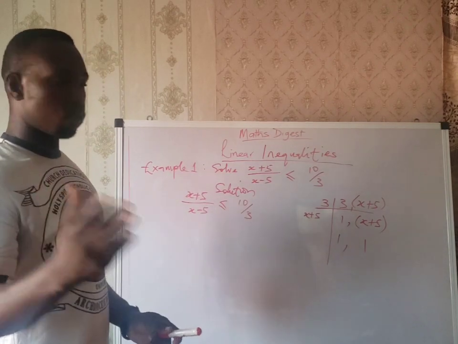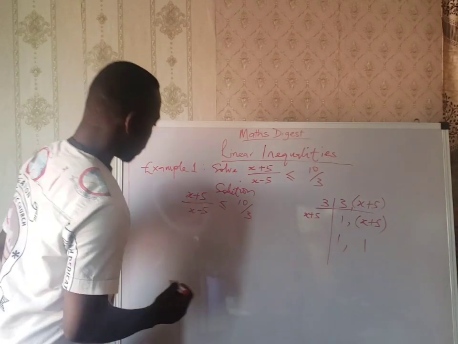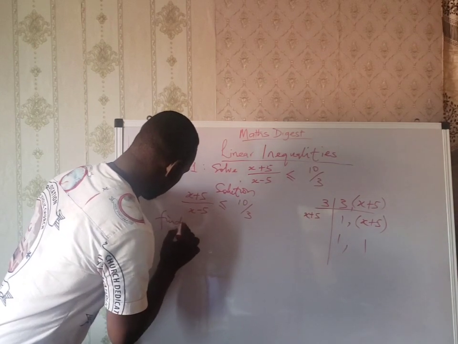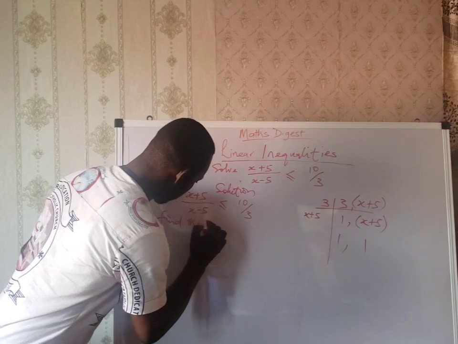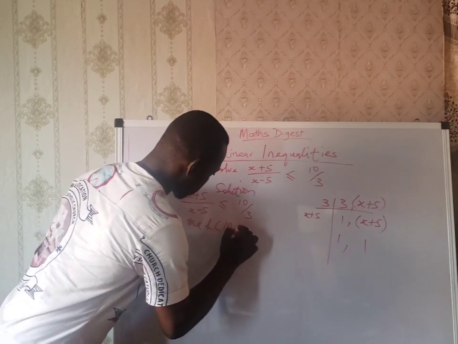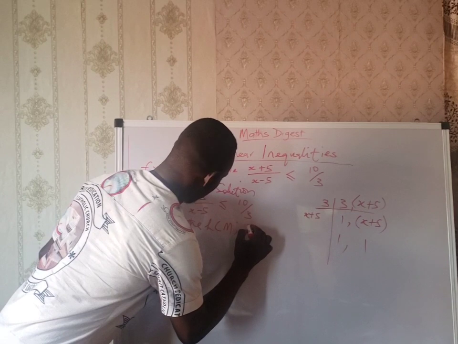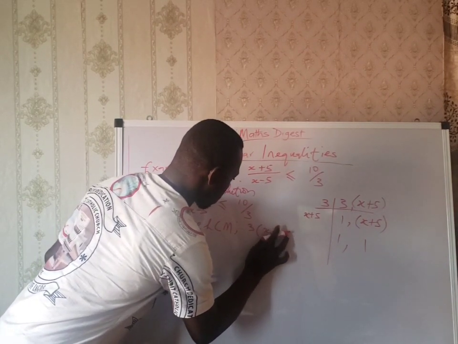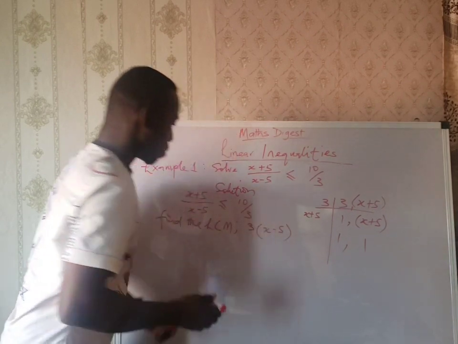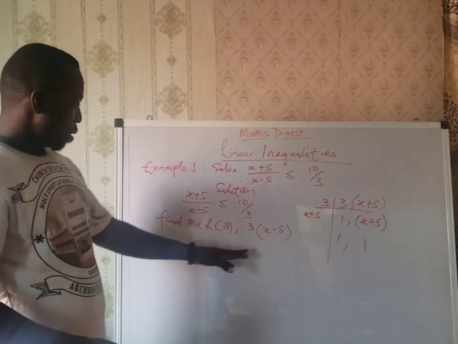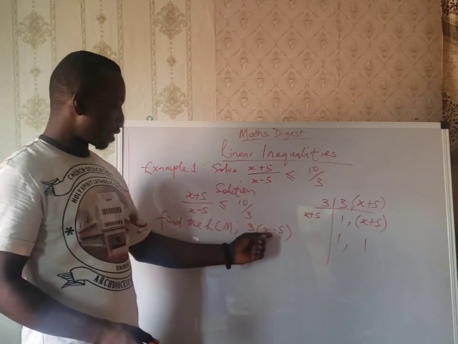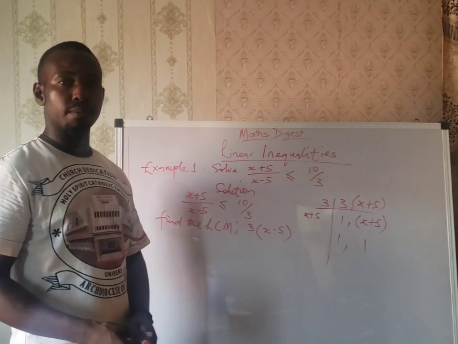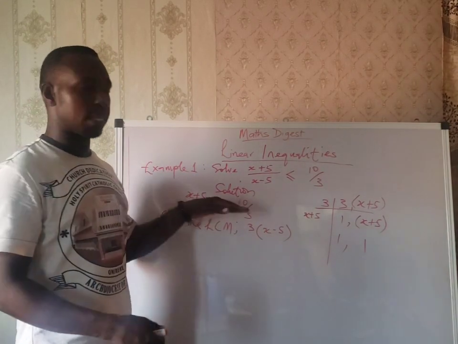So quickly, what you are going to use here as the LCM is 3 open brackets x minus 5 close brackets. This is going to serve as our LCM for this expression so that we can bring it down.